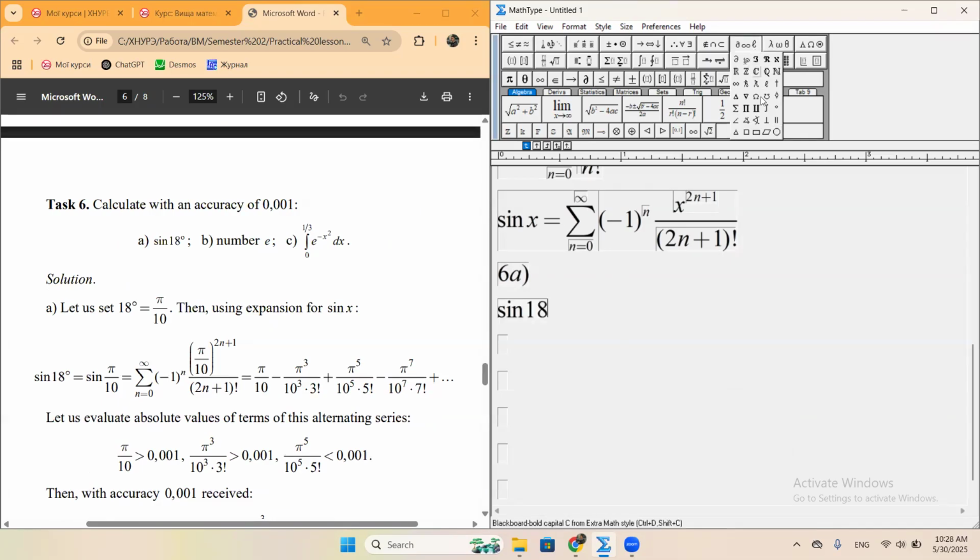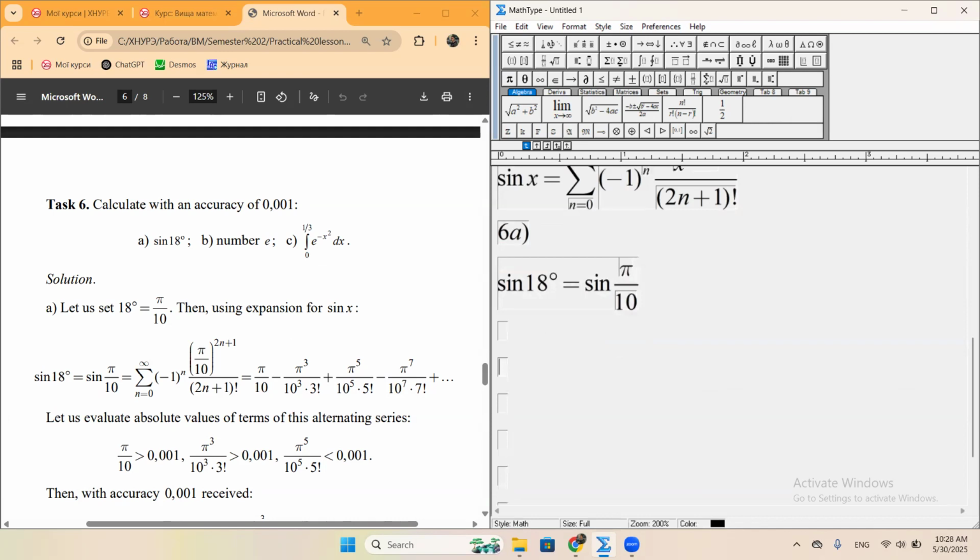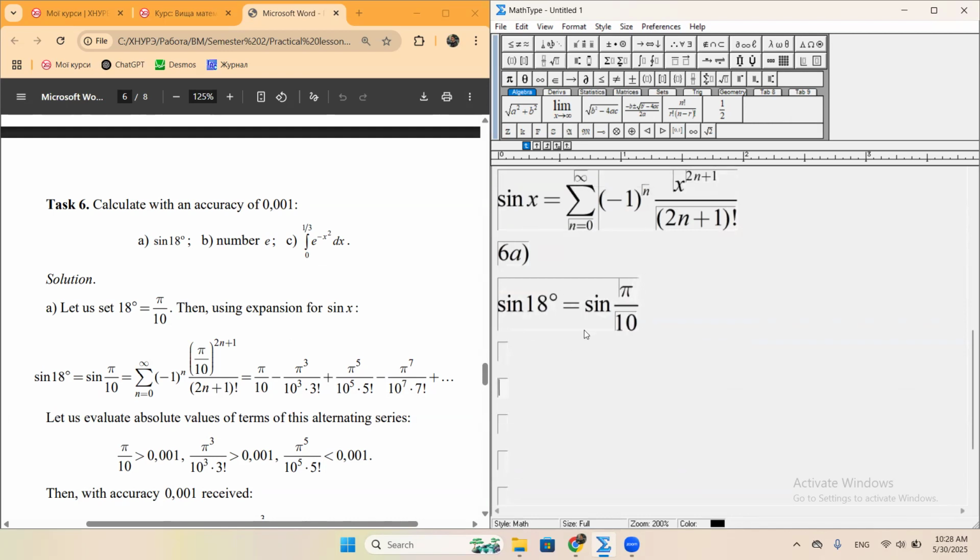And sine of 18 degrees actually will be rewritten as sine of pi over 10. So turning it to radians, to a form that we already know how to calculate.